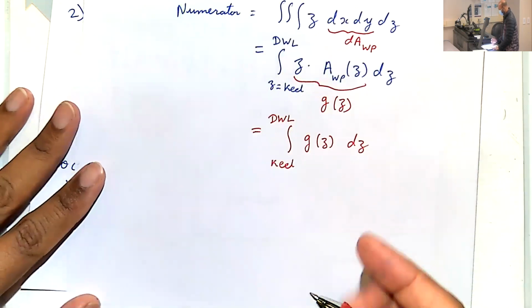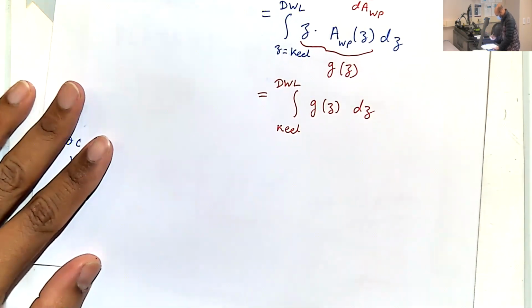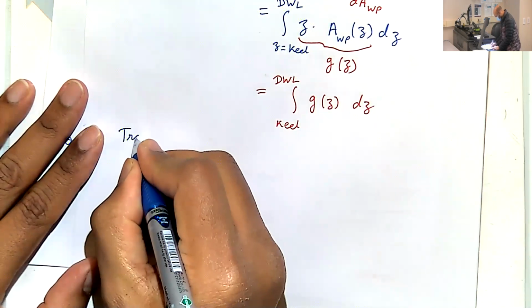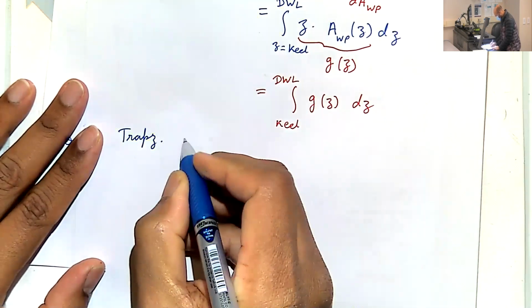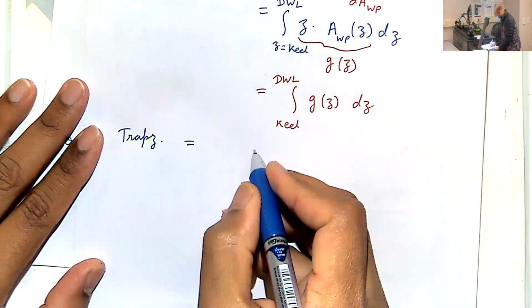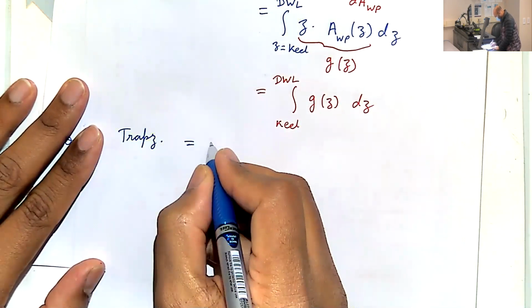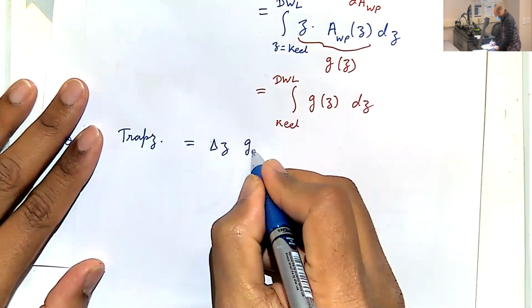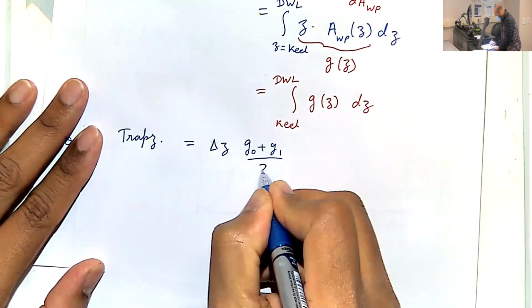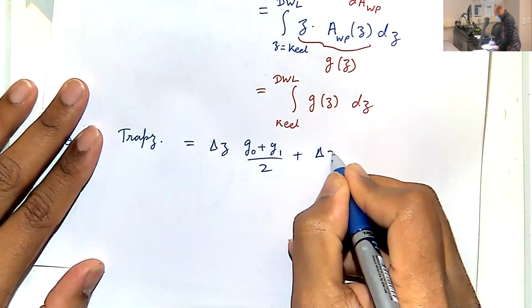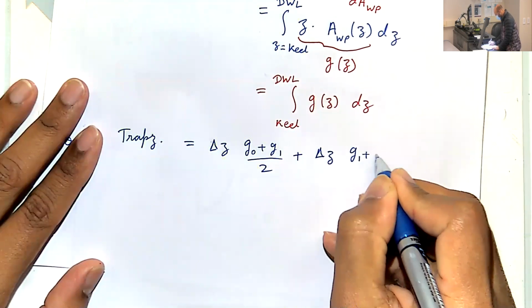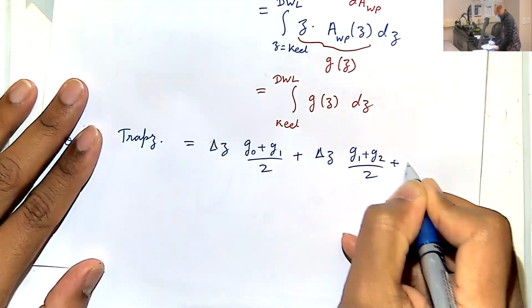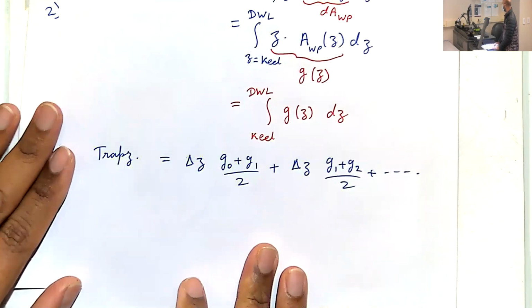And now you can use trapezoidal rule for this. So trapezoidal rule is, you get dz becomes delta z, g0 plus g1 over 2 plus delta z, g1 plus g2 over 2 plus dot, dot, dot. Okay.